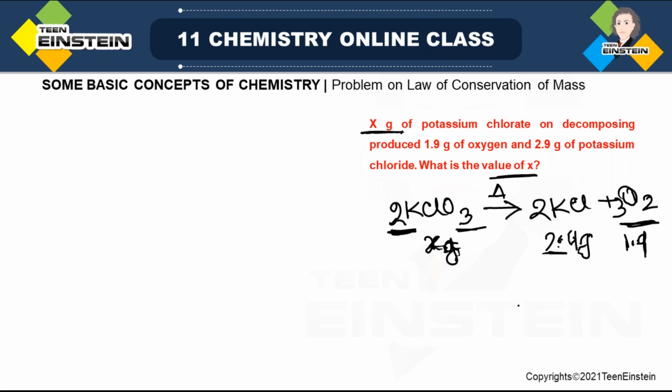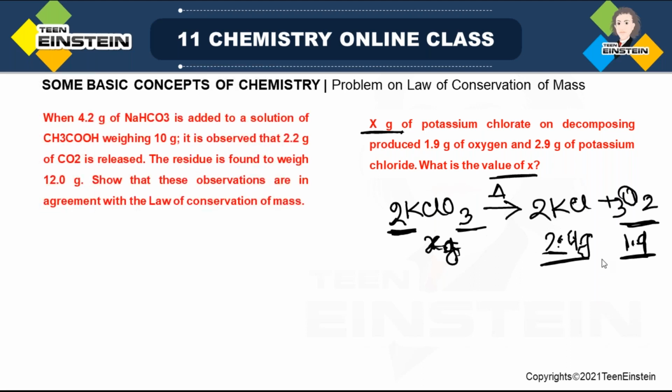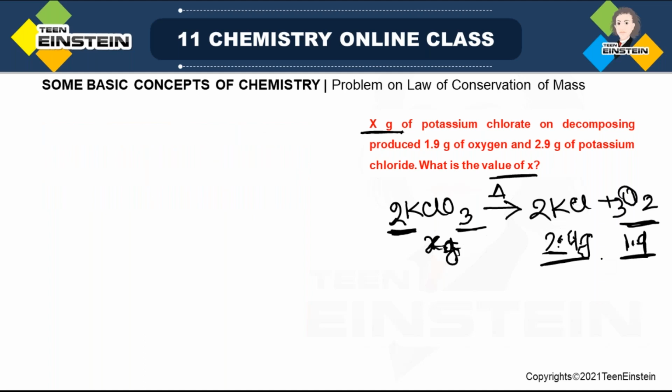So X you can easily get if you simply add these two values, 2.9 plus 1.9. So X equals 2.9 plus 1.9 gram.